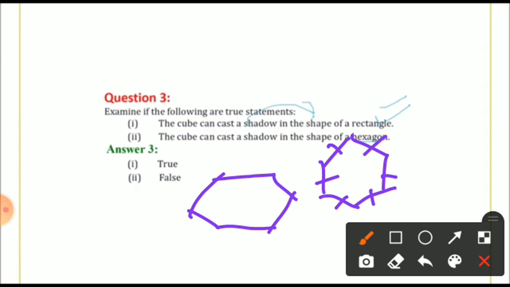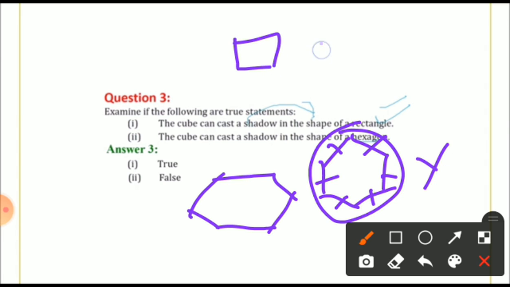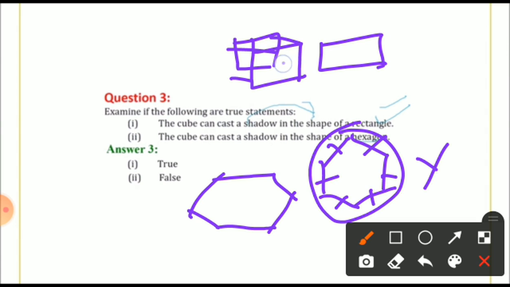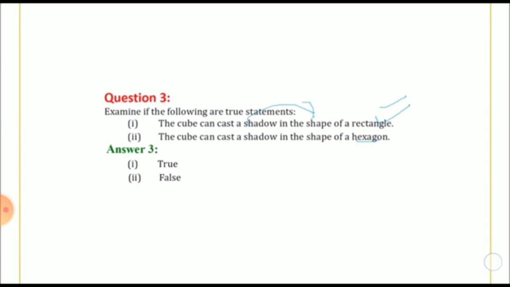Dice means you have that pasa. And is the shadow of this possible? Not possible. The shadow of the dice should be a square or a little bit of a rectangle, because when you look from the cross, you may get these types of shapes. Is it? Yes. One minute. Okay. Wait for a while. You can get a clear idea.